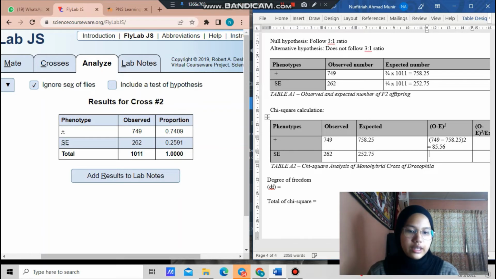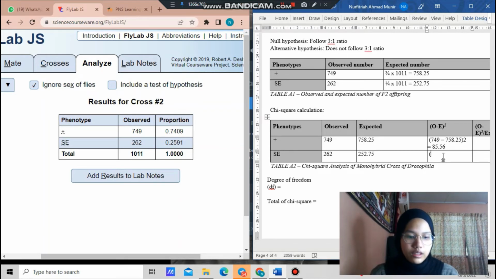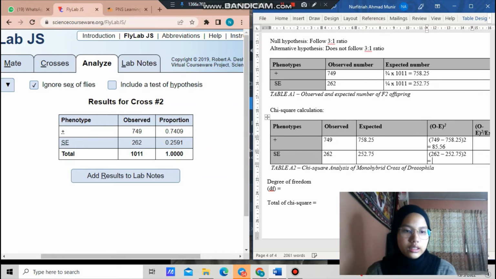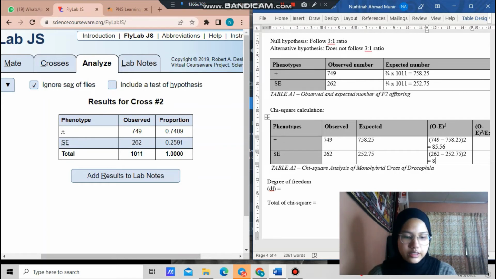Next for the SE, the observed is 262 minus 252.75 squared. So the total is the same, 85.56.